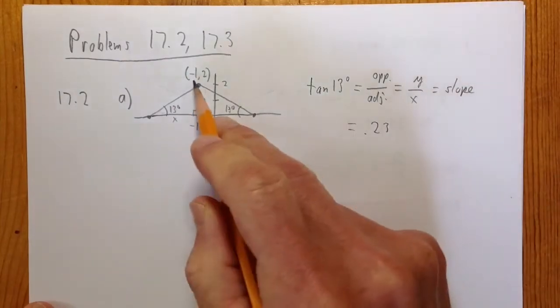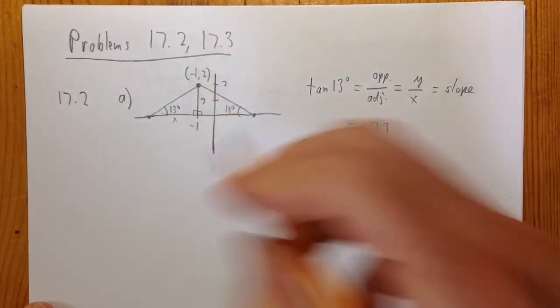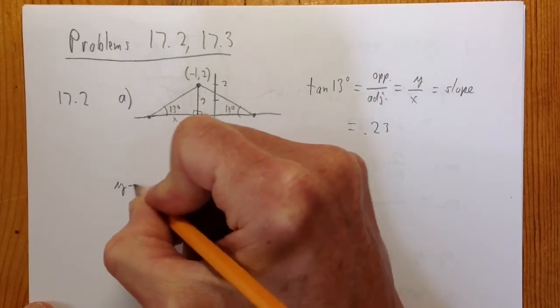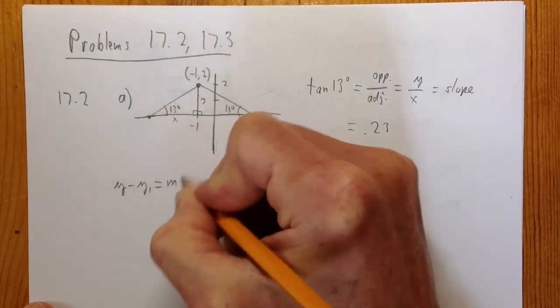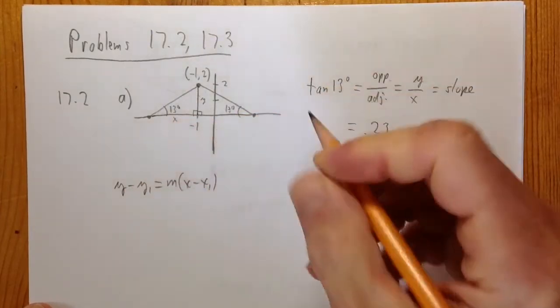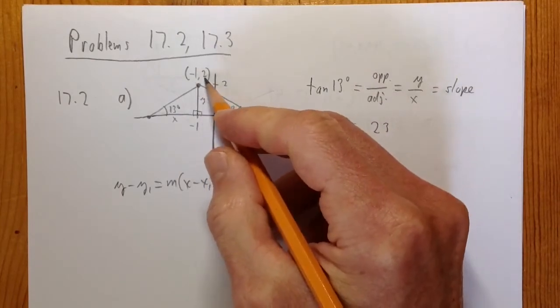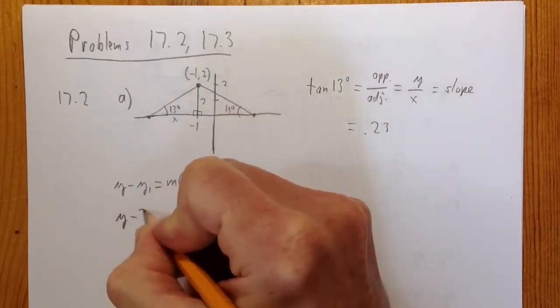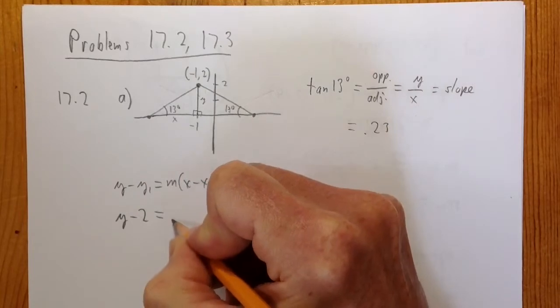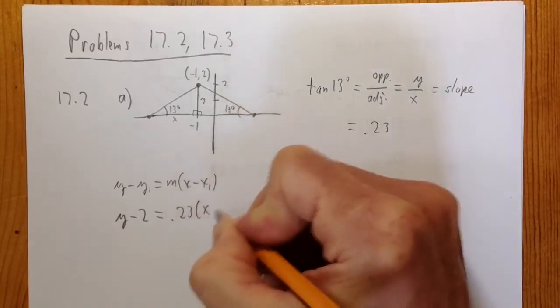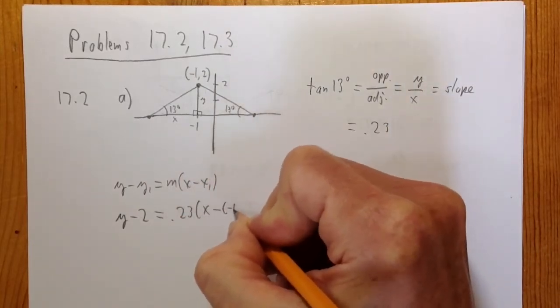Okay, we have a point and a slope. One of them is negative, one's positive. So then we just go y minus y1 equals m times x minus x1. Our point is -1, 2, y is 2. Y minus 2 is equal to 0.23 times x minus -1.